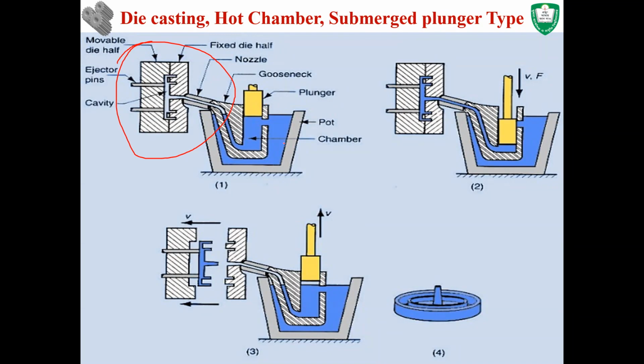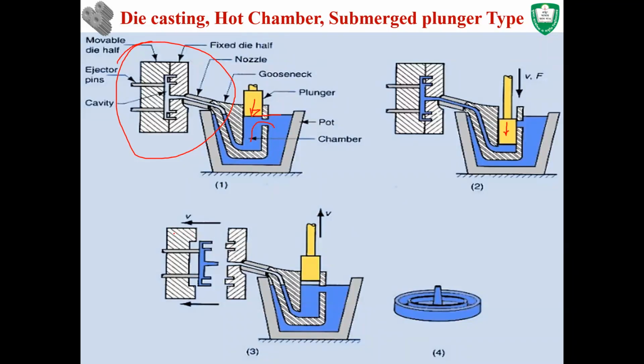When the plunger gets up into this position, the molten material gets into the chamber, and when you push it like this, the molten material is trapped in the system and gets into the cavity. After solidification, the other steps are the same as the previous one.